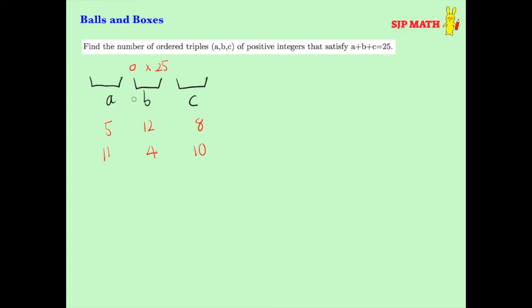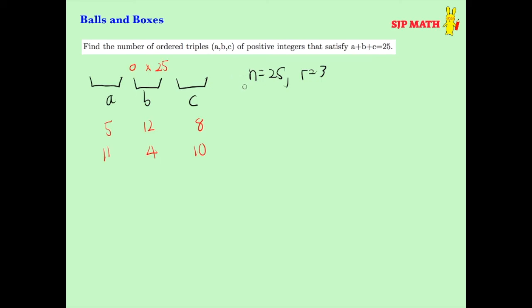So here, n is equal to 25 because there are 25 identical balls, and there are three distinct boxes, so r equals 3. And then we have to see what formula we have to use. As I said before, each box needs to have at least one ball, which means that none of the boxes can be empty.